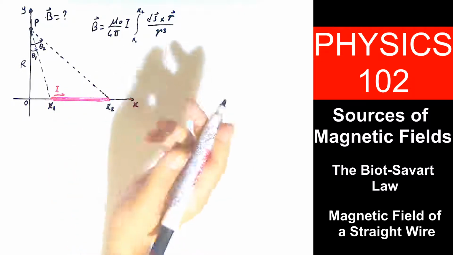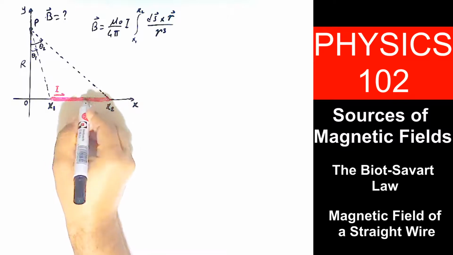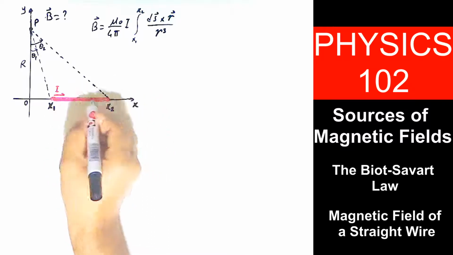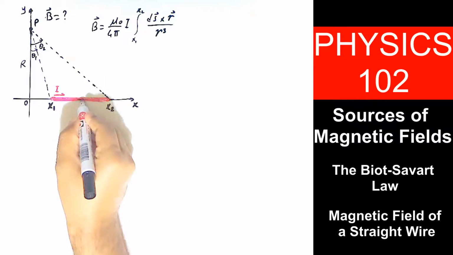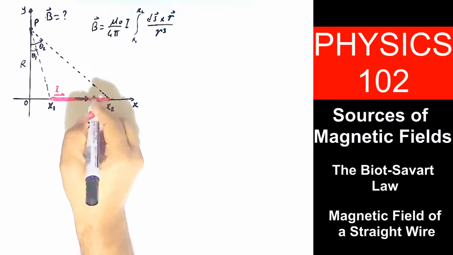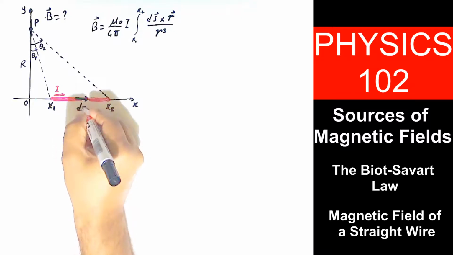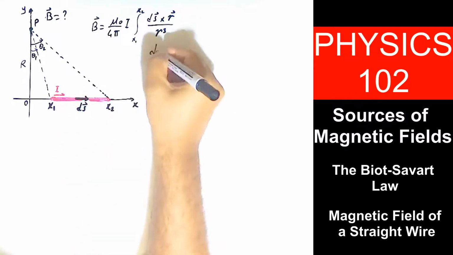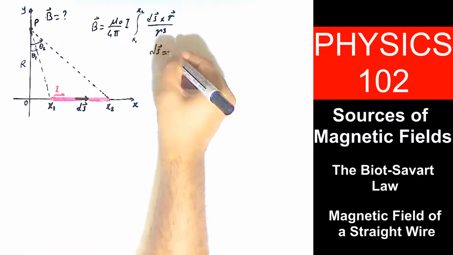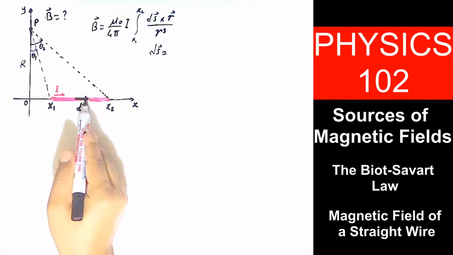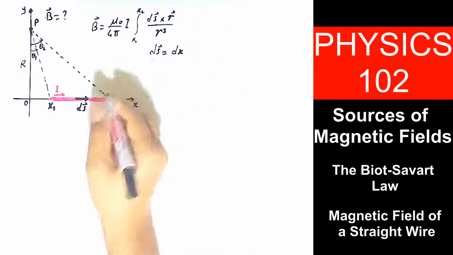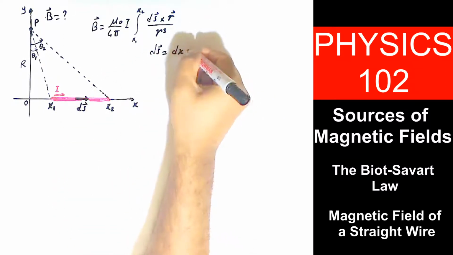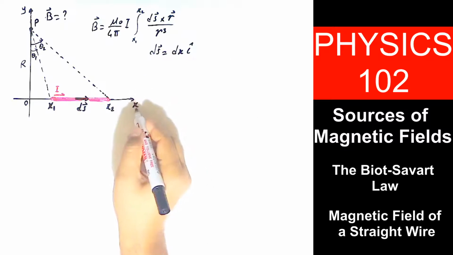Let's just for the sake of generality pick up one piece at any point of the wire, and I will call this piece ds. For this choice of coordinate system, since it's a length element on the x-axis, ds vector is dx times i, the unit vector in the x direction.